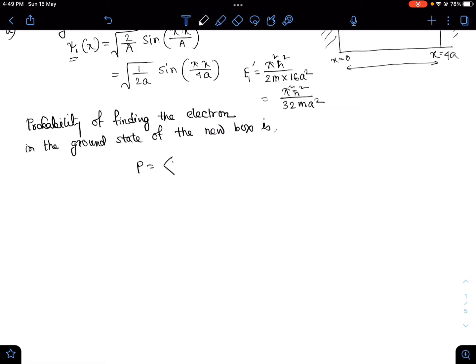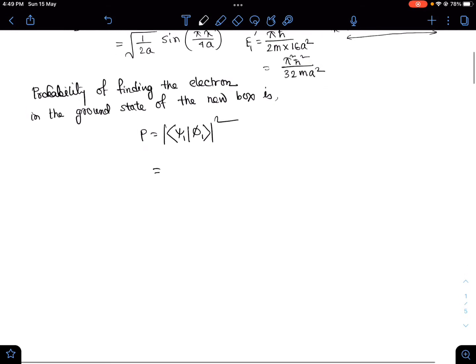It is psi mod square. So we can write this as integral from 0 to a of psi 1 star, phi 1, dx.